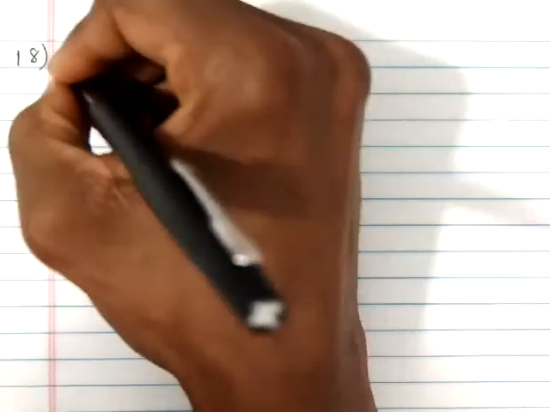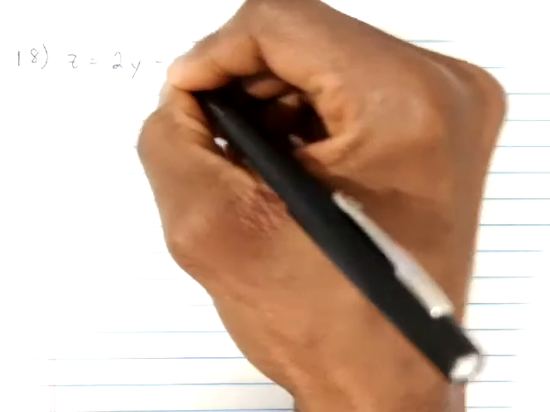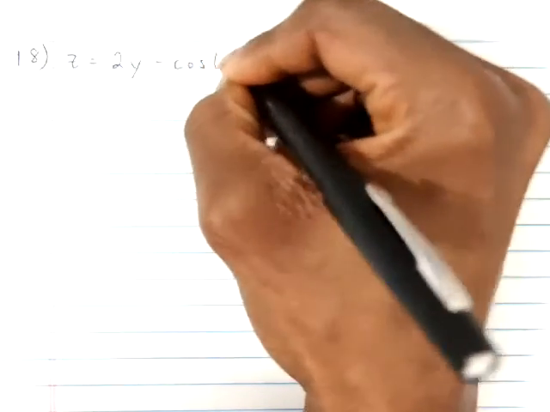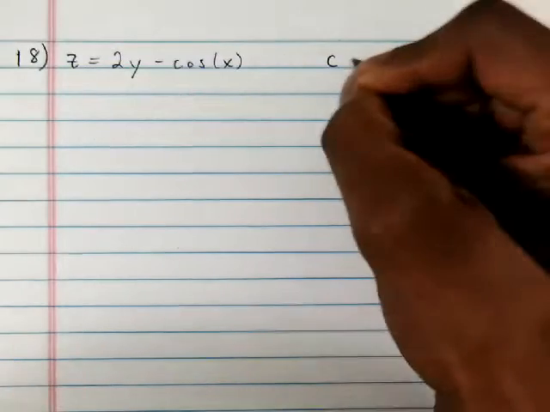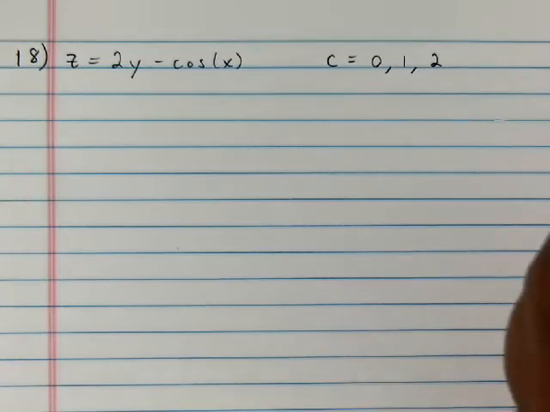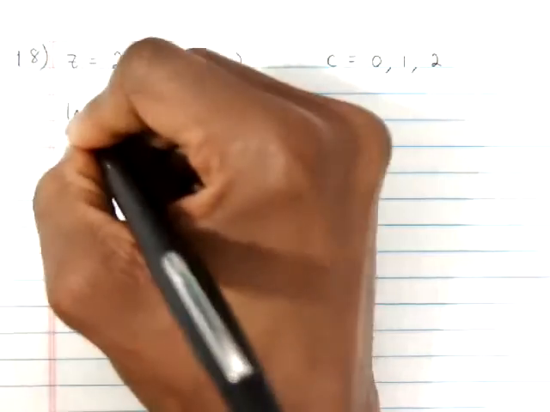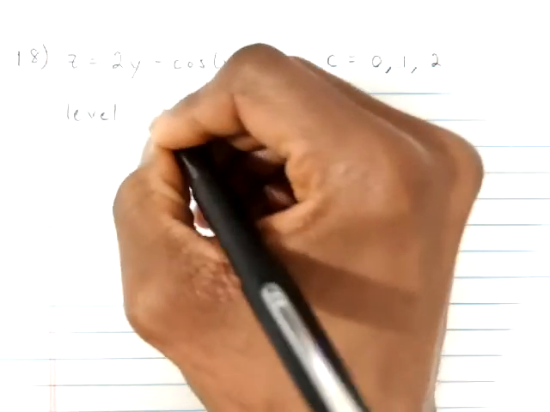They give it to us as f of xy, and I'm just going to jump to writing this as z equals 2y minus cosine of x. They want us to sketch the level curves for z equals 0, 1, and 2. So first we'll figure out what the curves are, and then we'll sketch them all together.